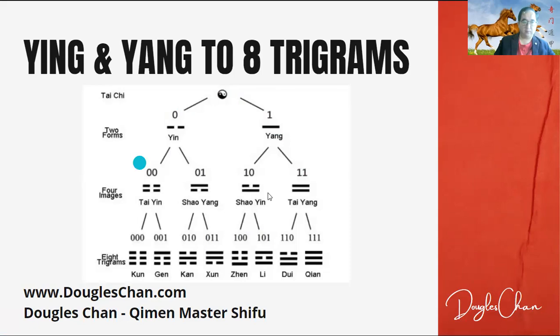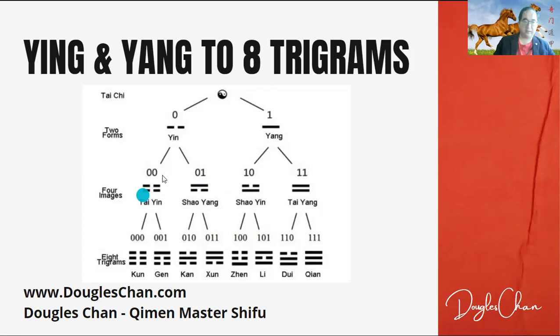Within the yin itself, we break into Tai Yin and Sao Yang. Within the yang itself, we break into Sao Yin and Tai Yang. Meaning that at the very first stage we already have yin and yang, and we break down into 4, which are the 4 images over here.